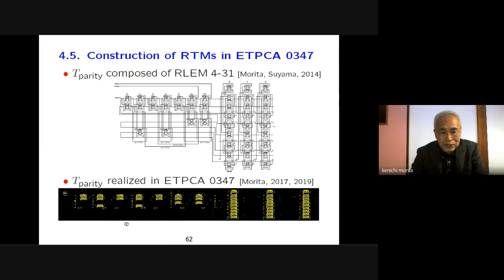Therefore, we can finally construct T parity in ETPCA 0347.